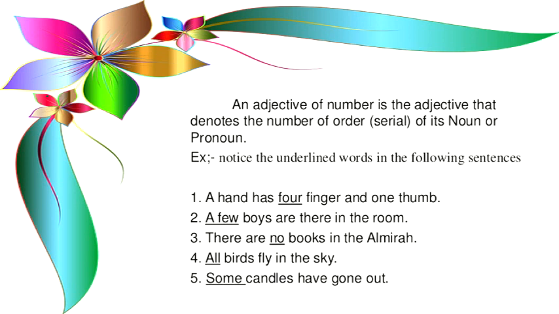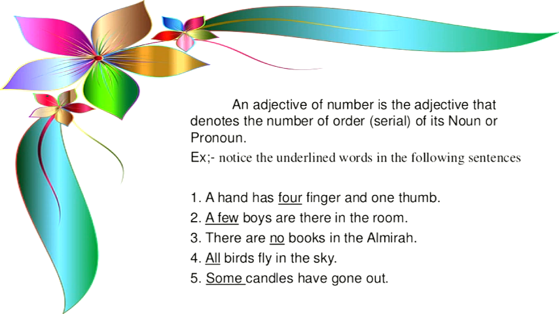Okay? When you do not have a fixed number and you have words like a few, no, all, some, in that case you have to see about your noun. If the noun is countable, that means the words used before them will be adjective of number.